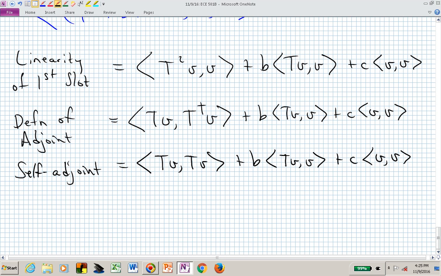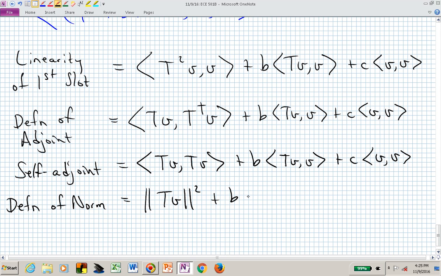Now we can use the definition of our norms, since we have the same thing in our first and second slot, in the first term and the third term. Our definition of norm allows us now to say that the first term becomes the norm of TV squared.